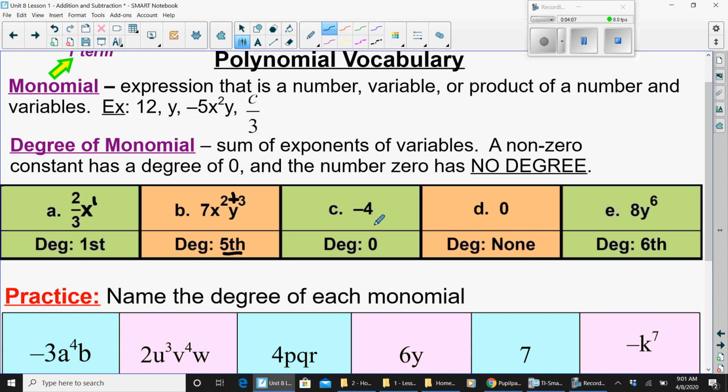All right, so this has a degree of 0, negative 4. And remember, the number 0 has no degree, and that's why this says none. For e, this is the 6th degree. All right, so this is y to the 6th power, and there's nothing else to add it to, 6th degree.